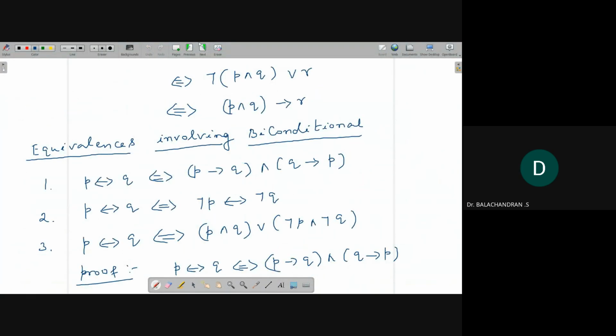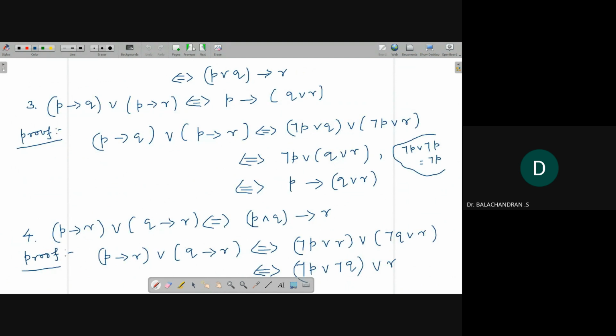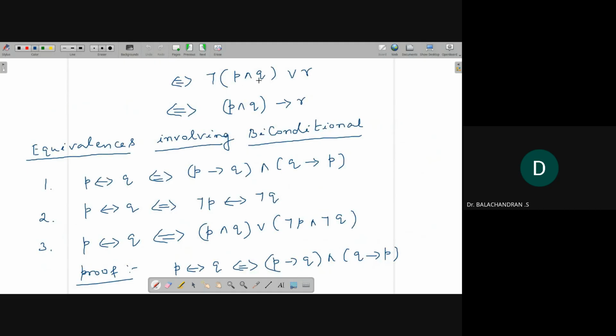So, sorry, I think I am explaining the third result, yes, the fourth result. If I take negation common, you'll get what? Negation of P and Q, or R. So this is of the form negation P or R, which is equal to what? P implies Q. P implies Q is what? Here P is what? P and Q implies R.